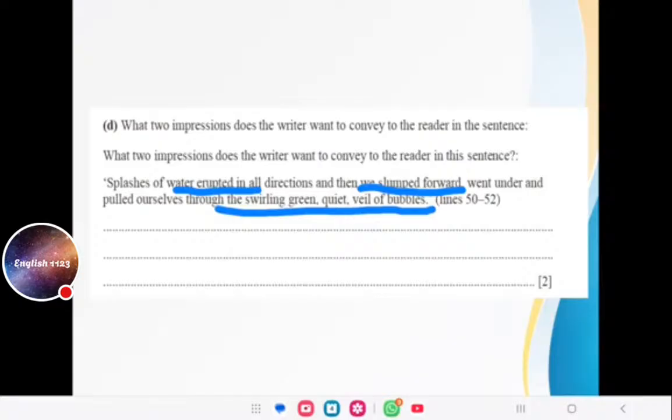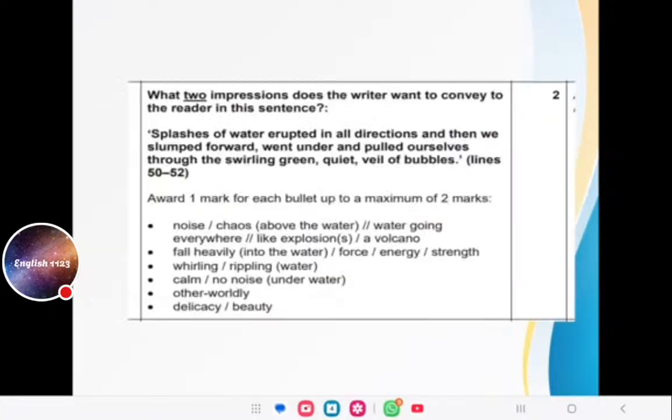So you will read this and you will come up with your impressions after reading this. That is the mark scheme of this splashes of water erupted. So there are different impressions available. See, from the word eruption and splashes of water erupted in all directions, that shows that there was noise, chaos, a kind of activity, water going everywhere like explosions, a volcano.